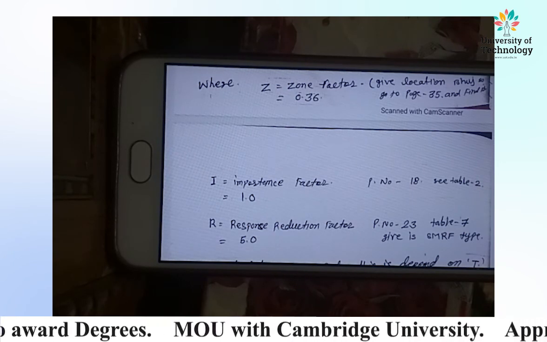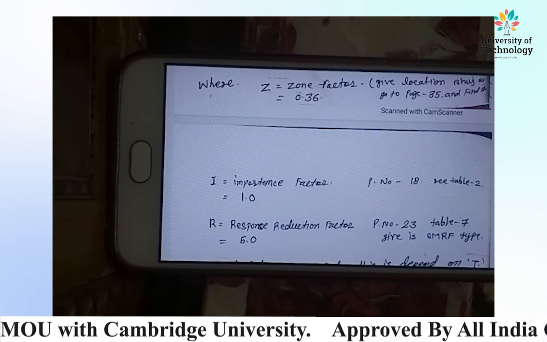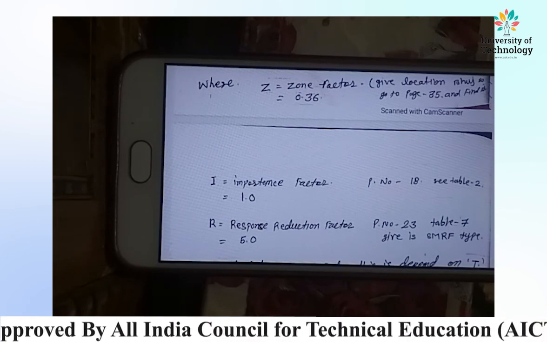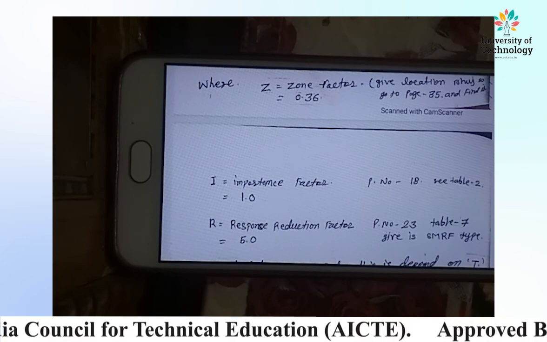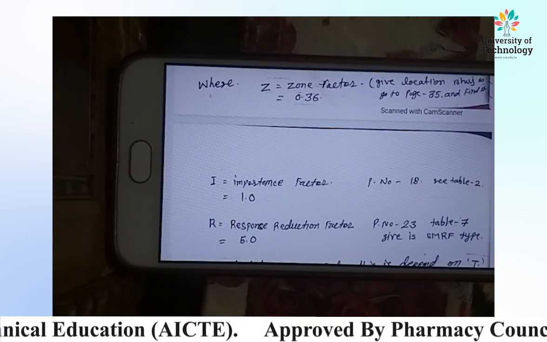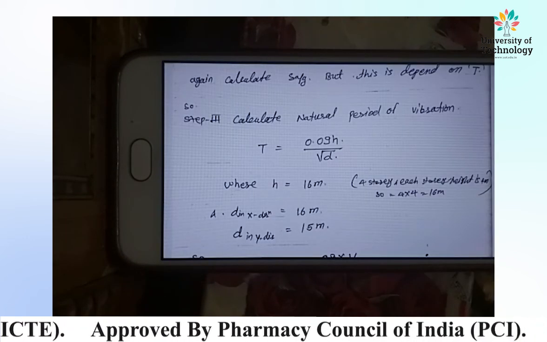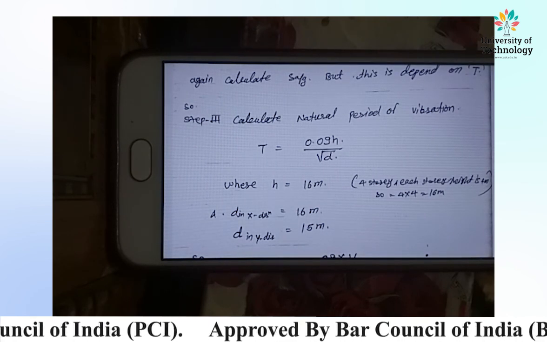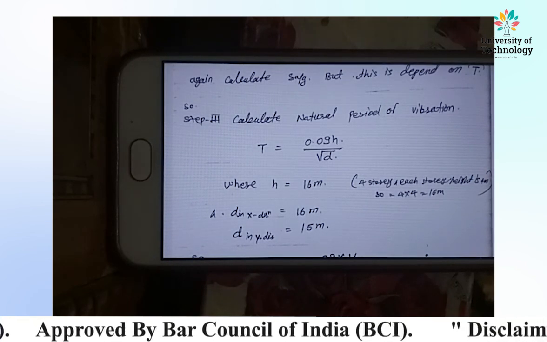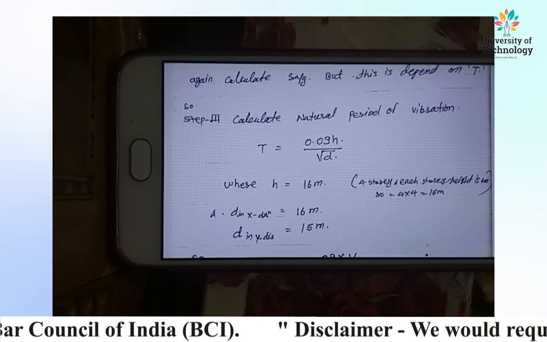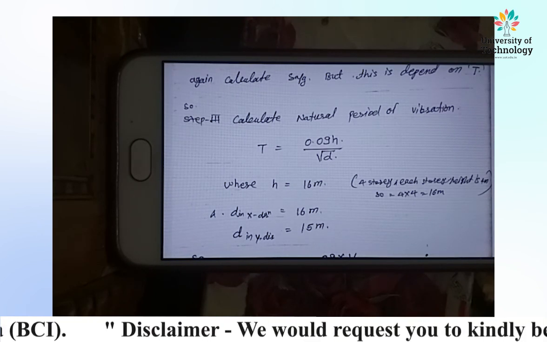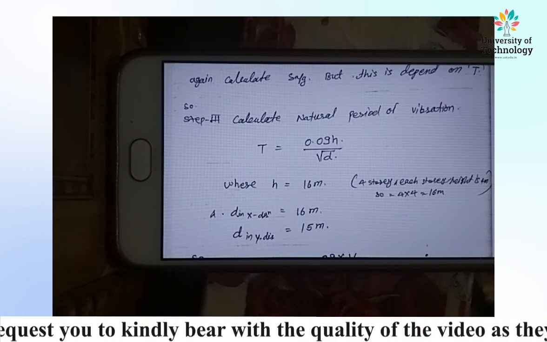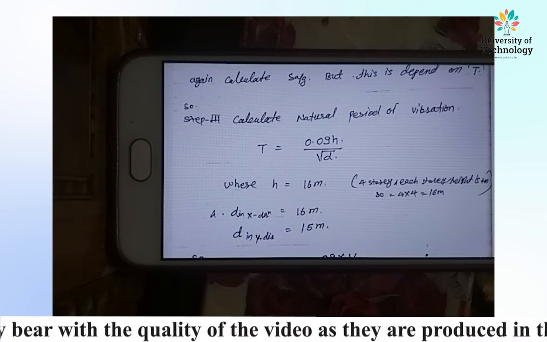Response reduction factor is taken as 6, given on page number 23, table number 7, for SMRF type. Again calculate SA upon g, but this depends on capital T.